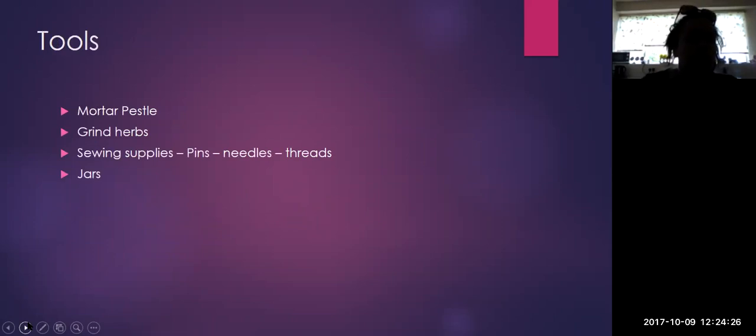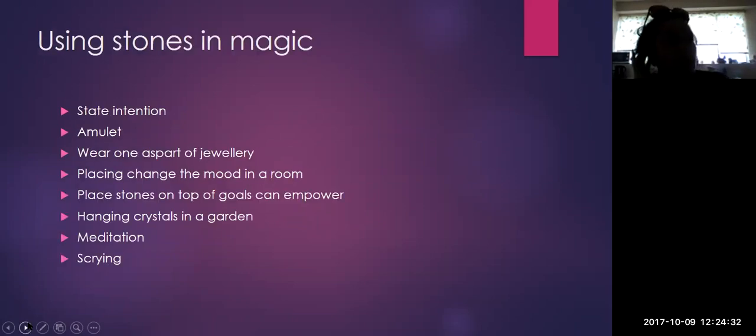Okay. So the tools also: a mortar and pestle, which grinds the herbs, and sewing supplies. That's if you're making amulets, and you can make little purses and stuff like that for protection. So we did discuss also the gemstones and using stones in magic. You have to state your intention, program everything. You can use jewellery, anything like that. Don't forget also crystal ball scrying.